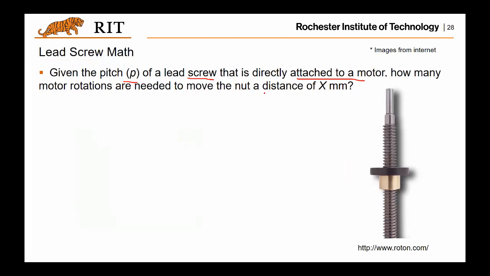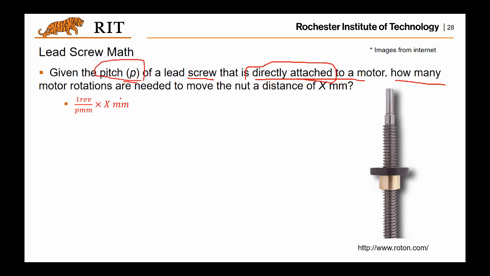If there's a gear system, you do this conversion using the gear ratio. But if it is directly attached to the motor, then one turn of the motor will give one turn of the screw. Okay, then the question is, how many motor rotations are needed to move the nut a distance of x millimeters?